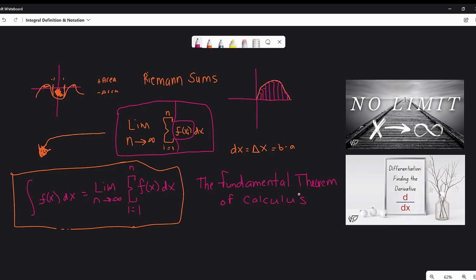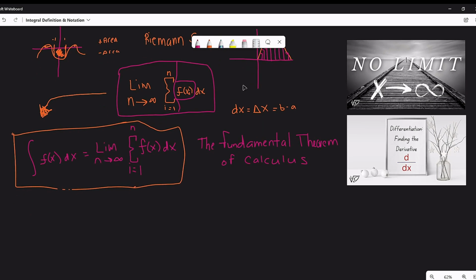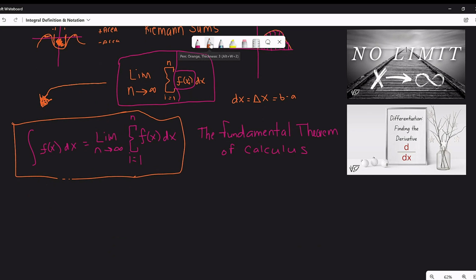And with the fundamental theorem of calculus, we get some interesting outcomes. The fundamental theorem of calculus breaks up into two parts.